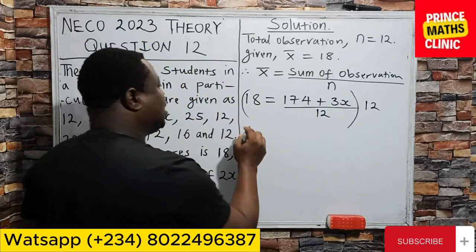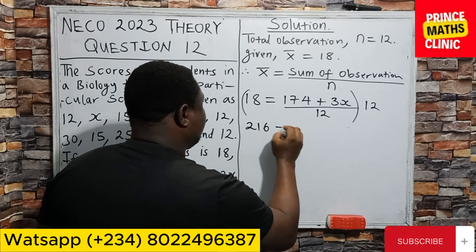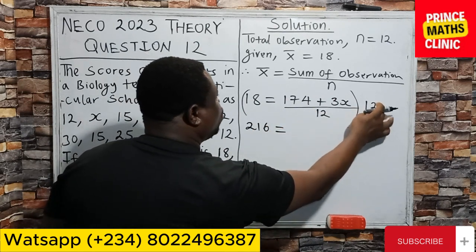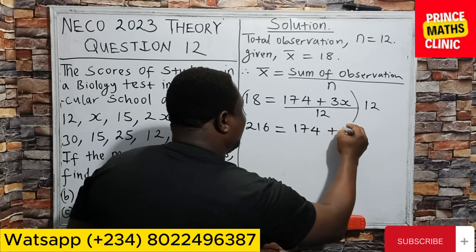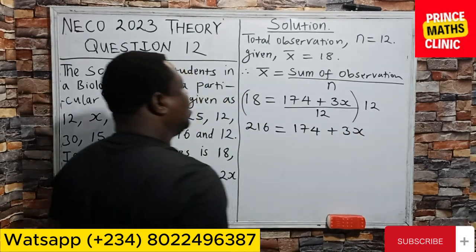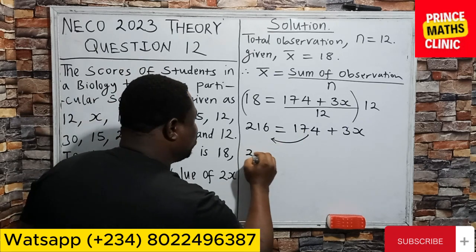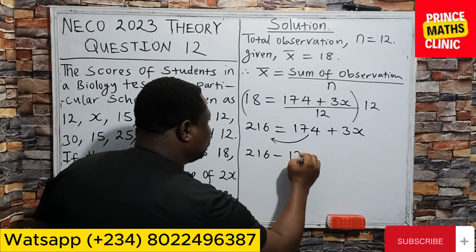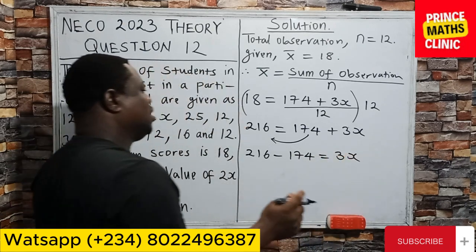So 12 times 18 is 216. Then we cancel 12, so I have 174 plus 3x. If I move this across, it will change to negative. This will be 216 minus 174 equals 3x.